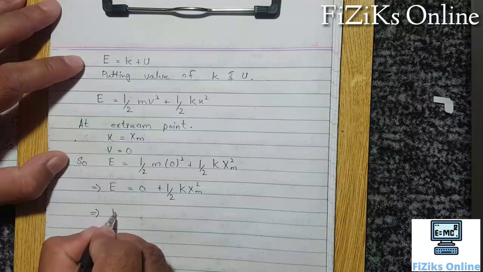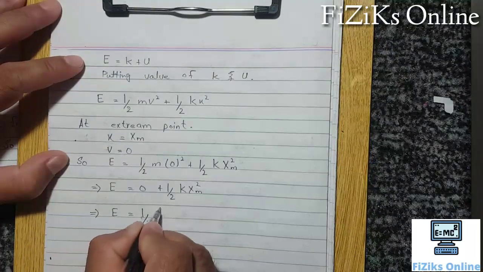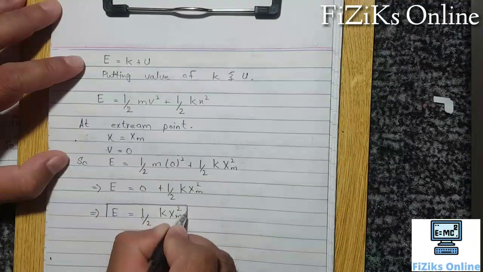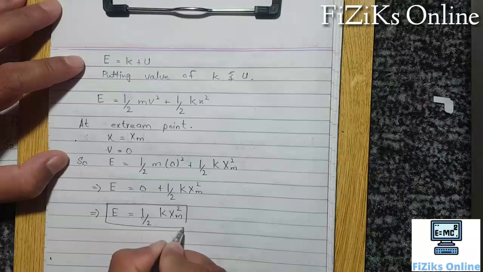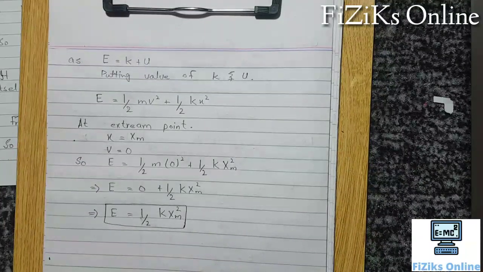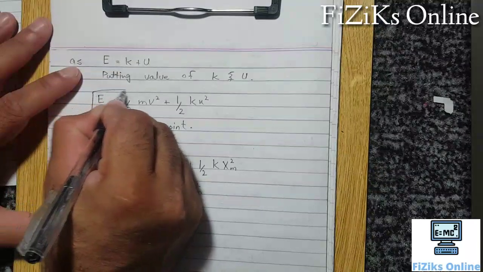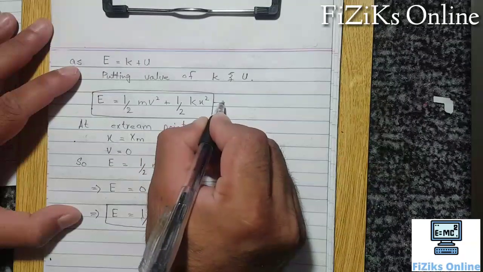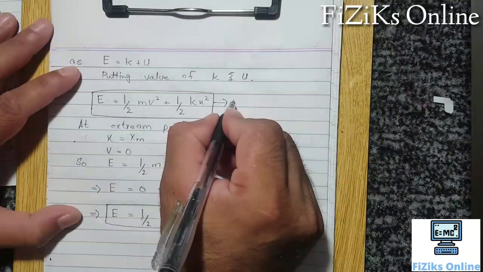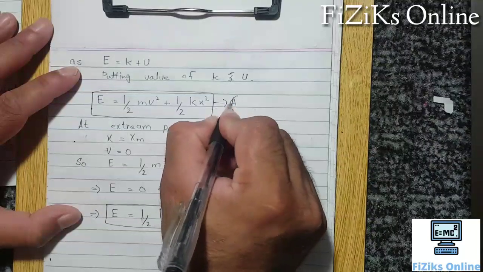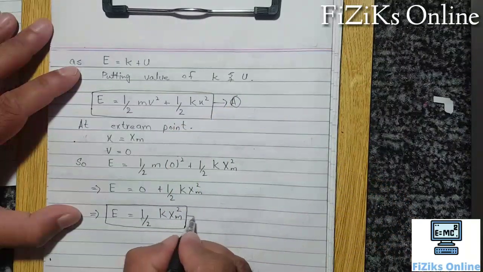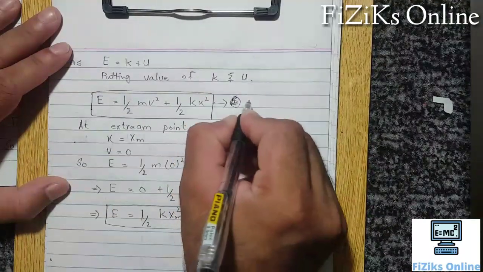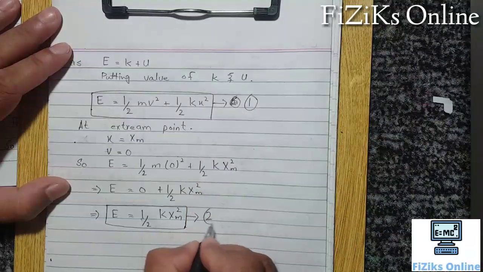E equals half k xm square. We have this as equation A, so let us name it equation 1, and this is equation 2.